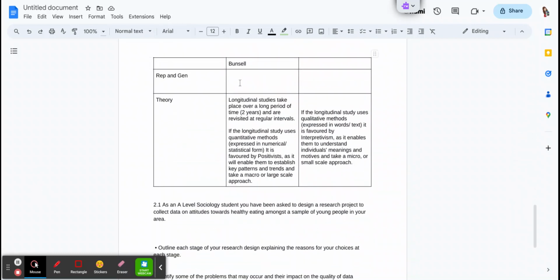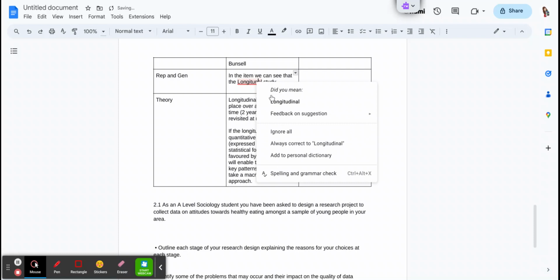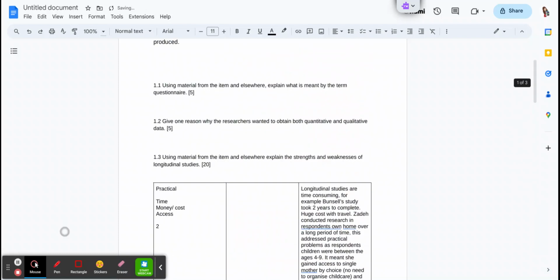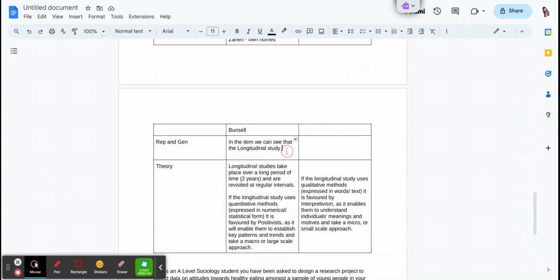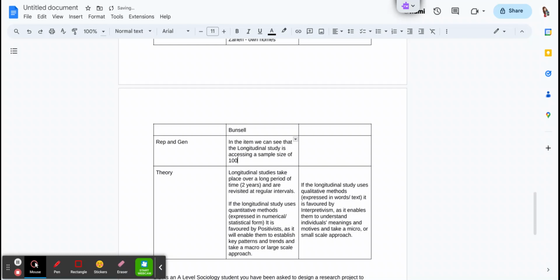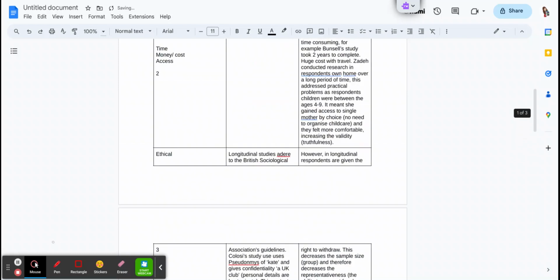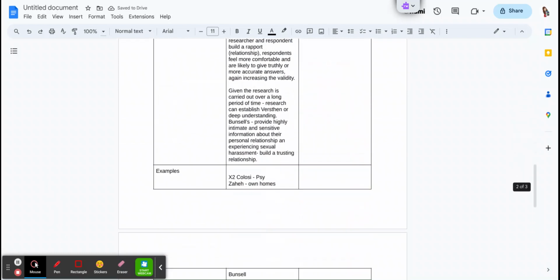So, rep and gen. In the item, how we always show those marks, we can see that the longitudinal study is accessing a sample size of 100,000 respondents.